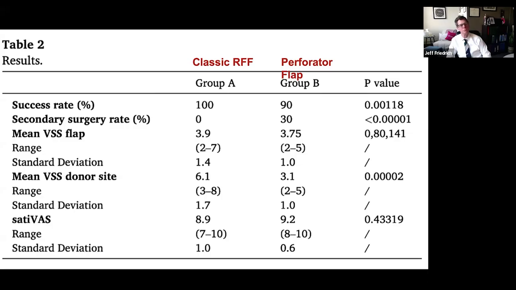Yeah. And I think that's one reason it's interesting to include this article, because they spend so much time addressing the cosmesis of the flap, and as we've said, it bears consideration when you're making a choice.